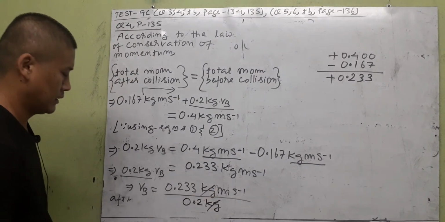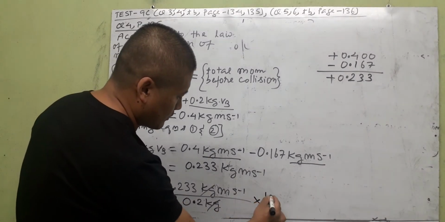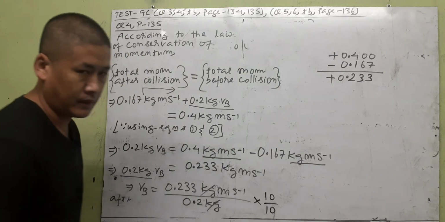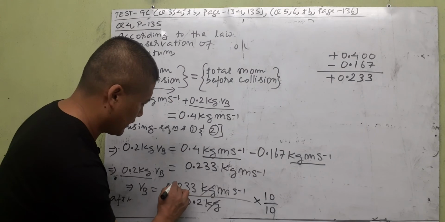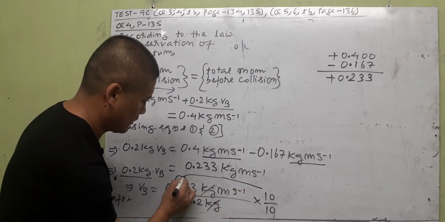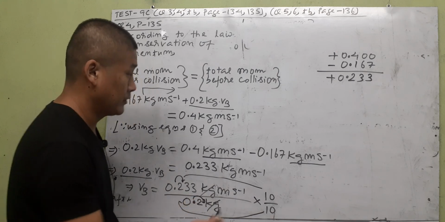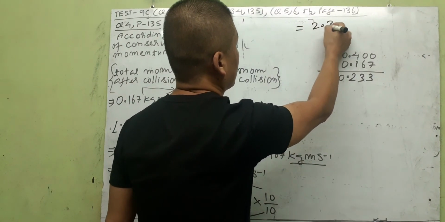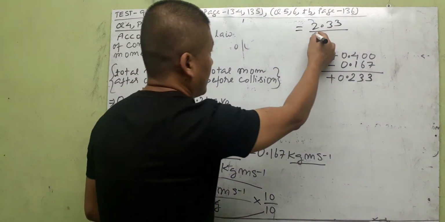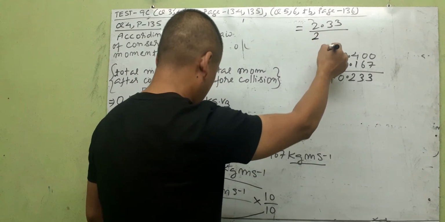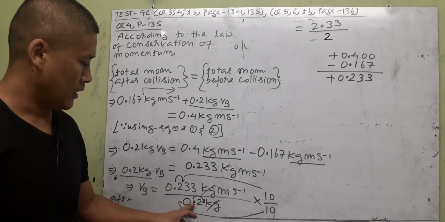So this kg cancels, and a decimal place of 1 is there in the denominator, so it's better to remove it. 1 place means 10, so 10 by 10 we put up and down. Then the decimal will move 1 place right in both, so you're going to get 2.33 divided by 2. That's all.